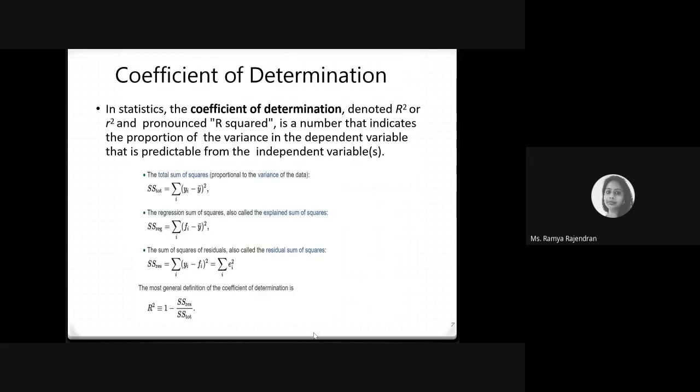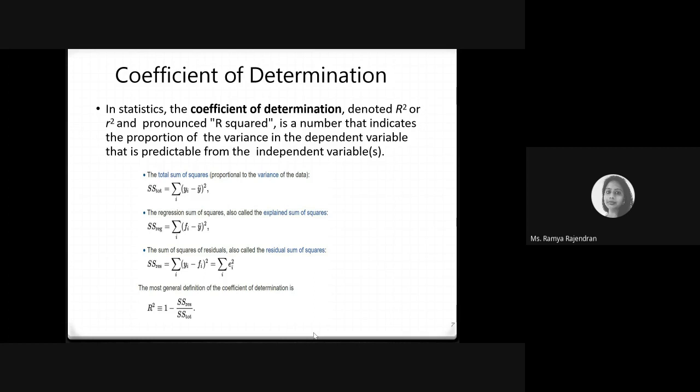Okay, next is an important concept of regression, which is the coefficient of determination, otherwise called the R square value. This is a very important value to find out how the variance in the dependent variable and independent variable is happening. If one variable is increasing by 10%, is the other variable increasing by 5% or 2%?